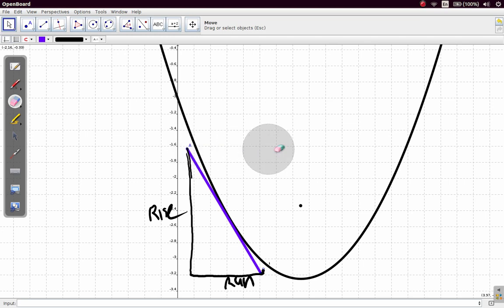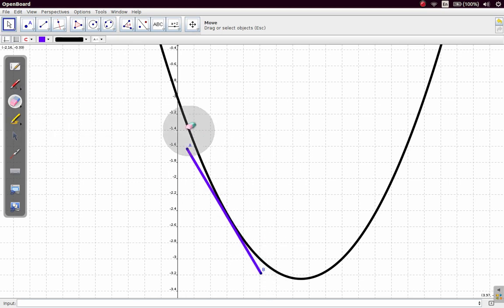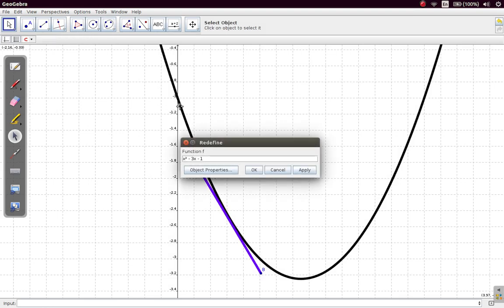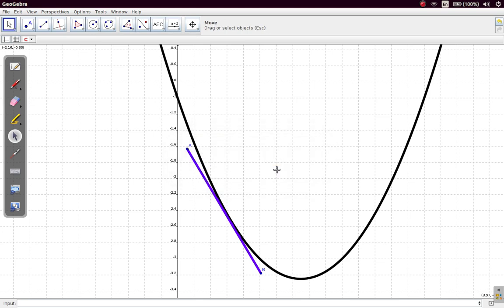So remember now, we can use differentiation, and I might ask you, what is the gradient of this function when x is equal to 0.6? Let's see. X squared minus 3x minus 1.